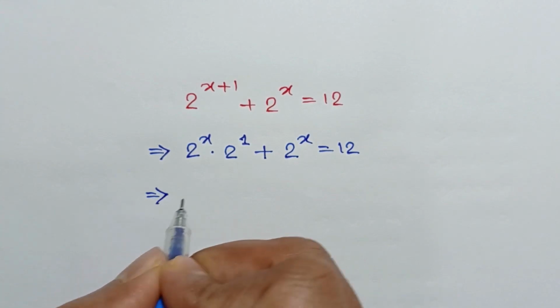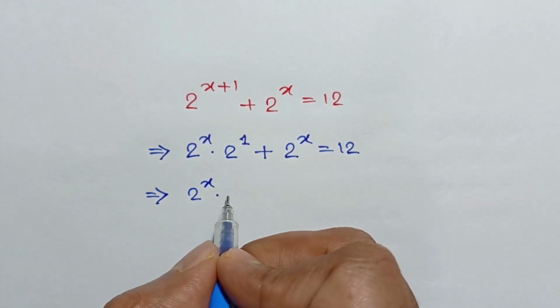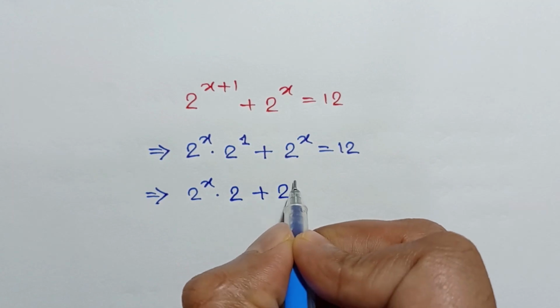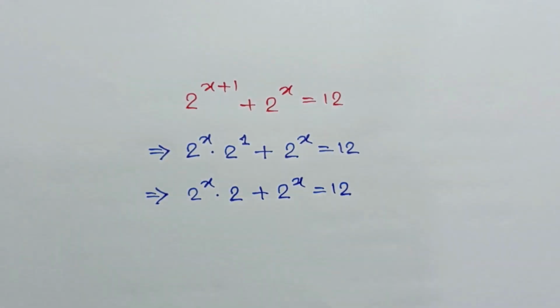Or, 2 to the power x times 2 to the power 1 is equal to 2, plus 2 to the power x is equal to 12.